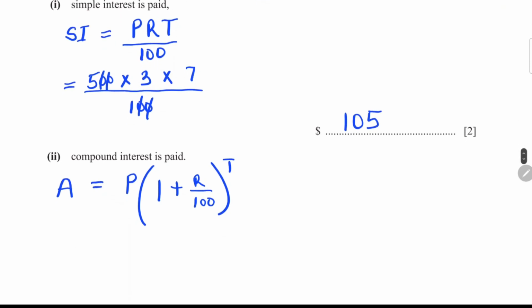Our principal remains 500. We open the bracket, 1 plus our rate is 3%, 3 over 100, and our time, everything raised to power 7.